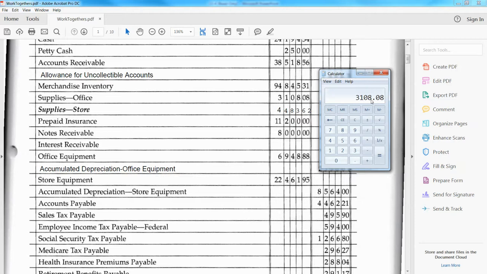And then in the directions, it tells us that the inventory or the count was $548. So we are going to subtract $548. And that gives us a total of $2,560.08.